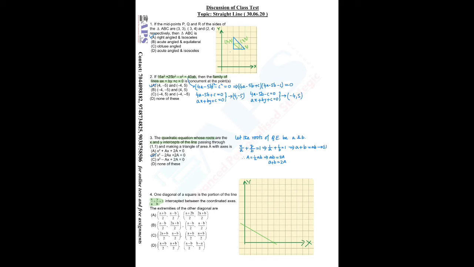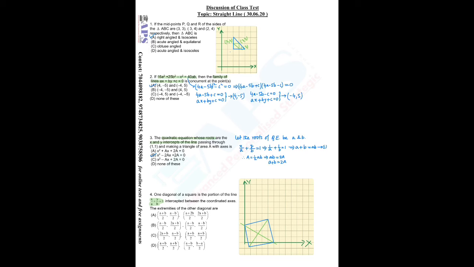So maybe it will be something like this. Now I have to get the square, and let the square be like this, this joint, and then we get this one, and then this one. This looks like a square almost. So this is our diagram.